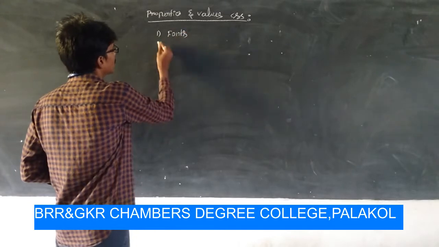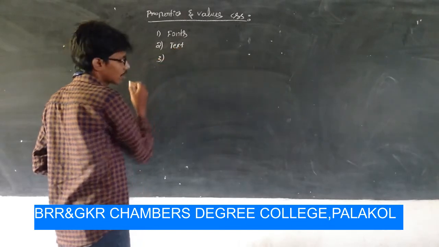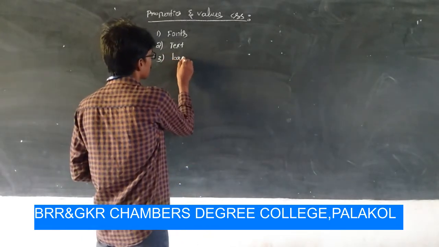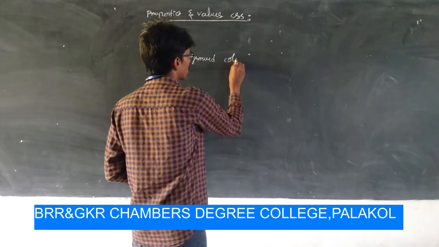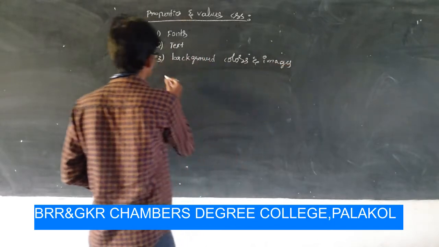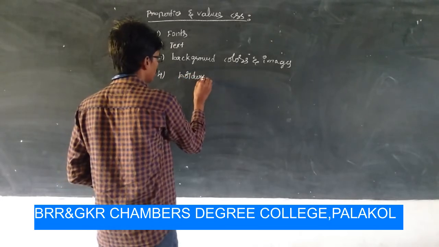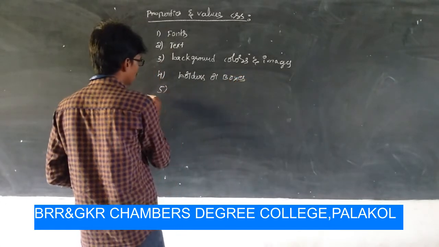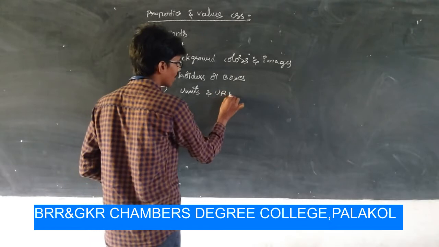First one is fonts, next one is text, third one is background colors and images, the fourth one is borders, which are boxes, and the fifth one is units and URLs. What are units and URLs?